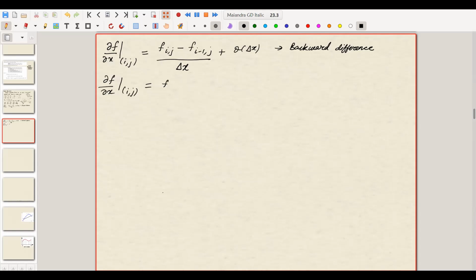Tricky things will come. So since i plus 1 and i minus 1, i plus 1 is here, i is here, i minus 1 is here, the difference between them is 2 delta x, delta x, delta x. So you have to divide by 2 delta x. Plus the order will be like delta x square. Okay, so it's a good method. So this is the central difference.